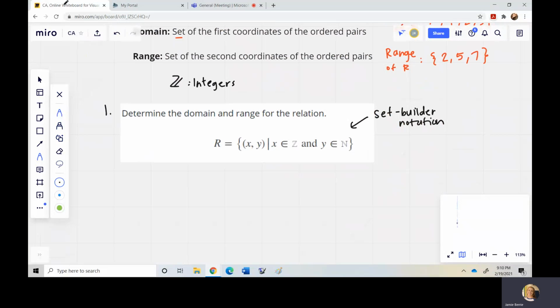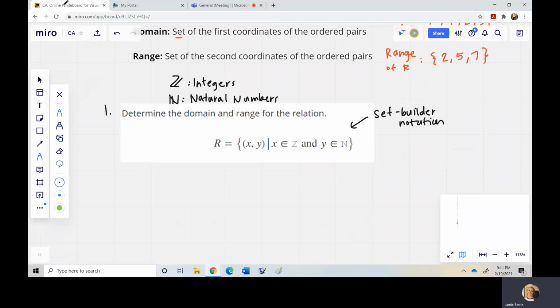And this fancy N represents the natural numbers. Let me try again, a little bit better. Natural numbers are also called counting numbers, numbers like 1, 2, 3, 4, 5. Integers are positive and negative whole numbers and 0.